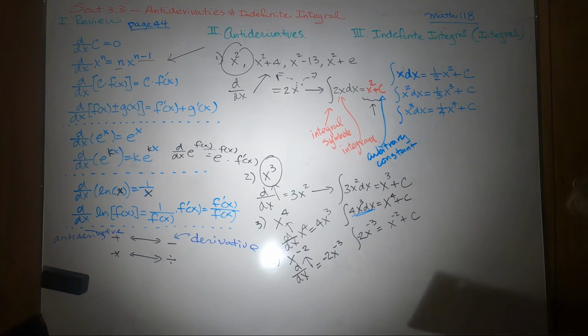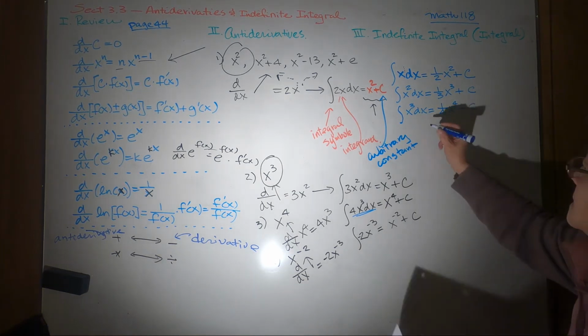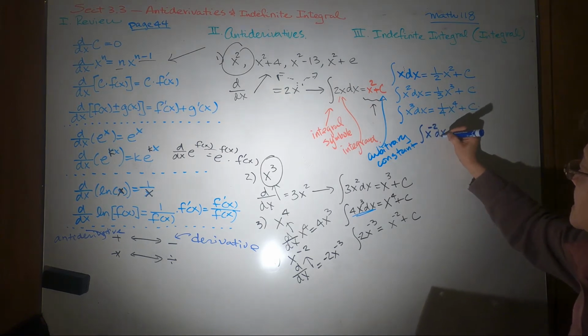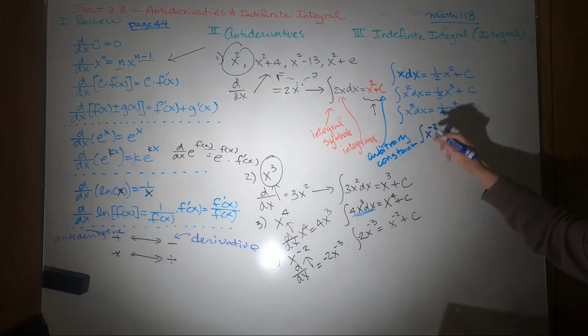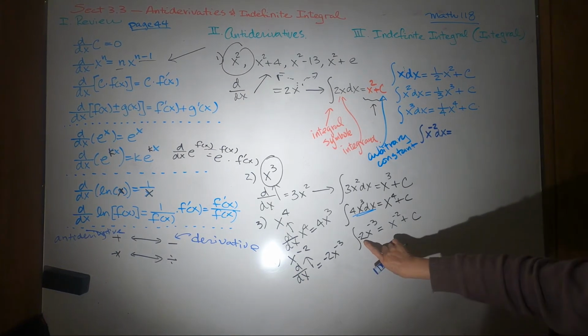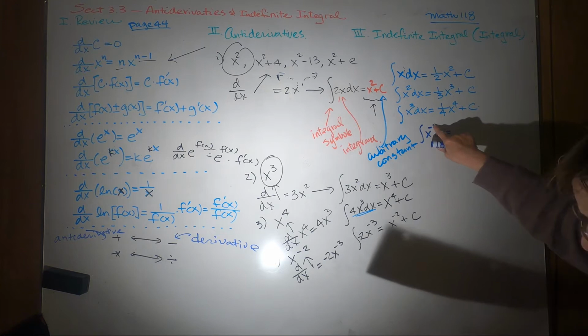So if I have this one, for -1, x to the -2 dx, what should I have? I should have one level higher, right? At the same time, divided by -2. Okay? So I should have -3, not -2.